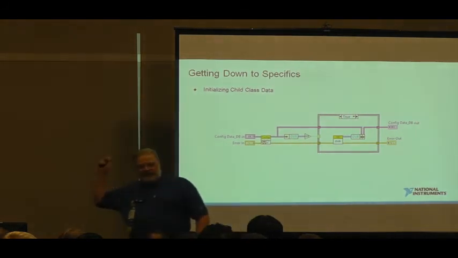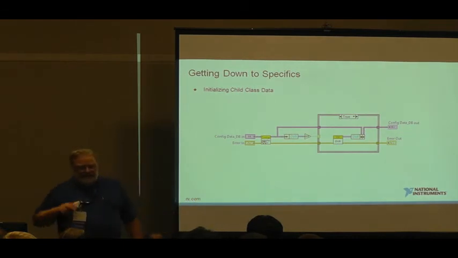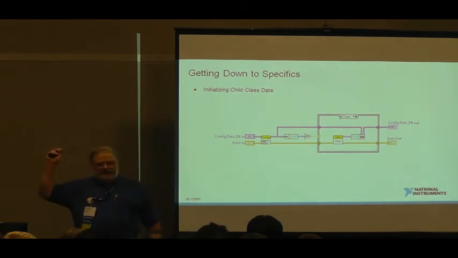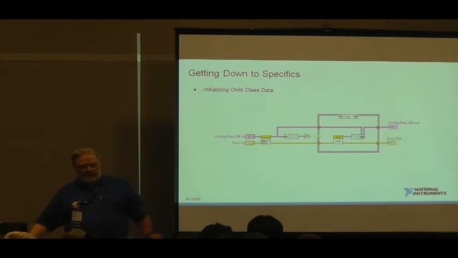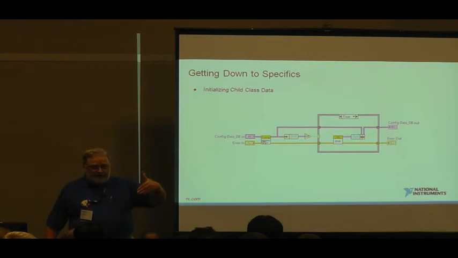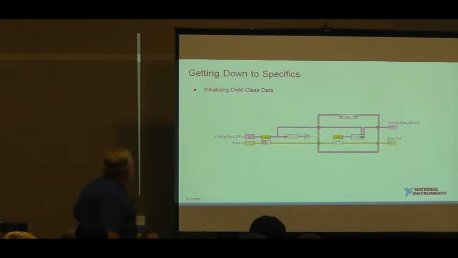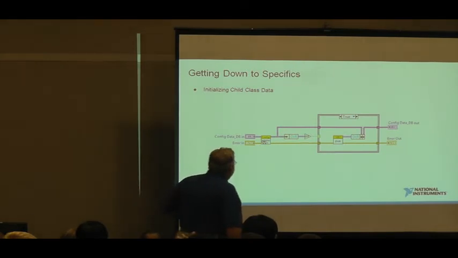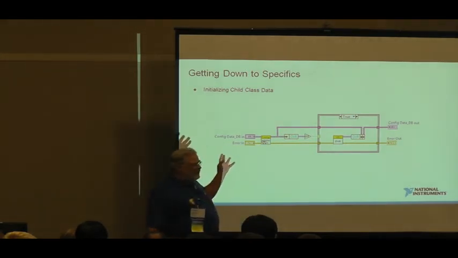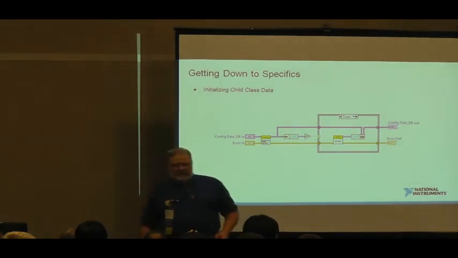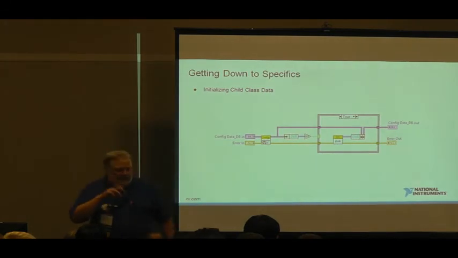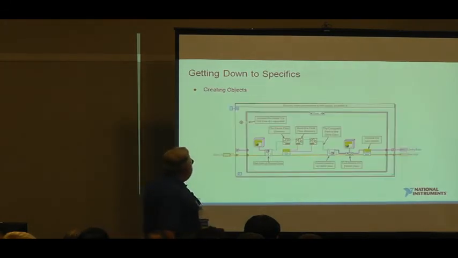So the parent's initialization code, the parent version of Initialize New, runs, and so the parent cluster, or the parent DVR, is initialized, and then the child's version also runs so that it gets initialized. And by the way, you can go down multiple levels, as we'll talk about in a second.